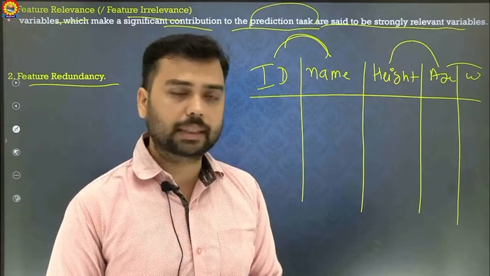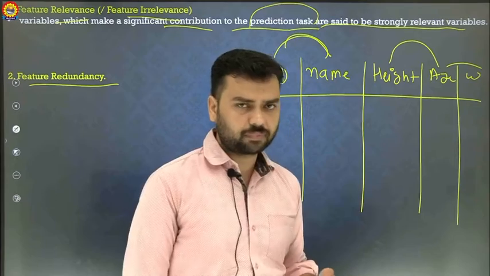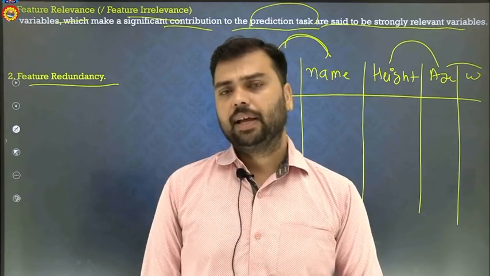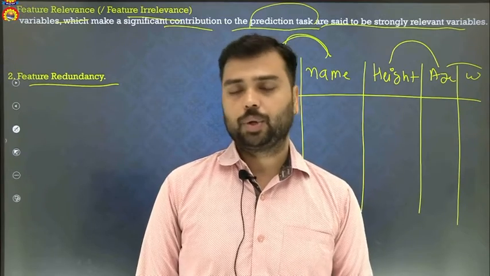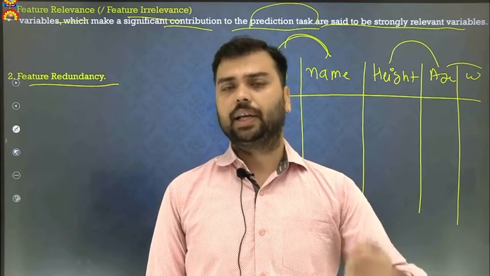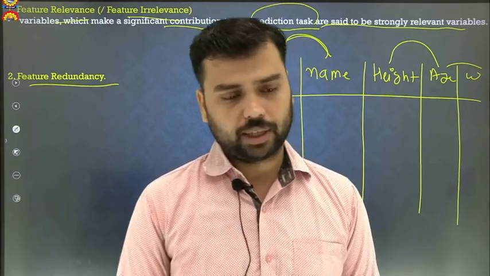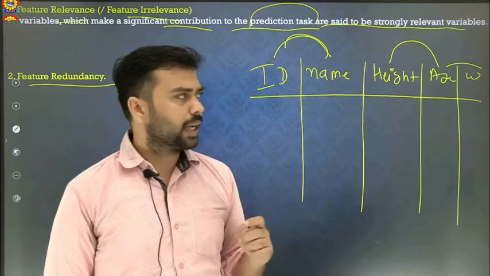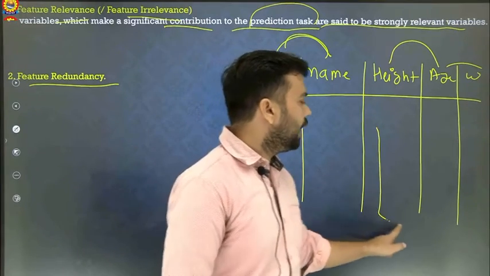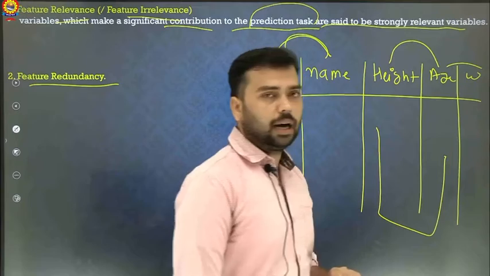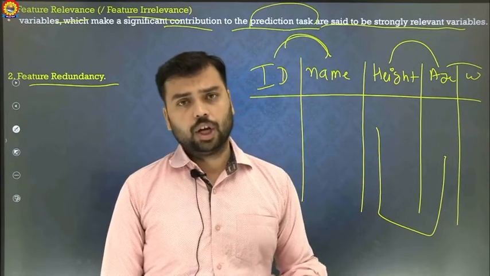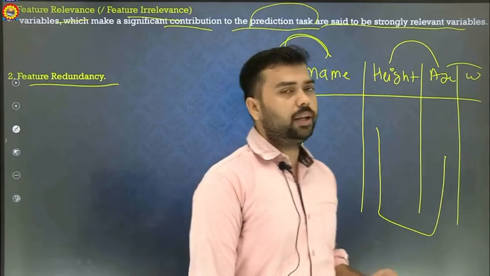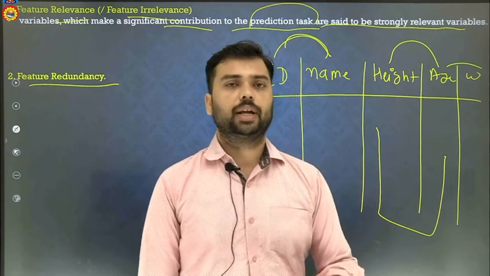For example, considering this example again, age and height are proportional to each other. When age is increased, height is increased, in general cases. So we can say age and height are redundant, because both have an equal impact on identifying the average weight of the students in the class.